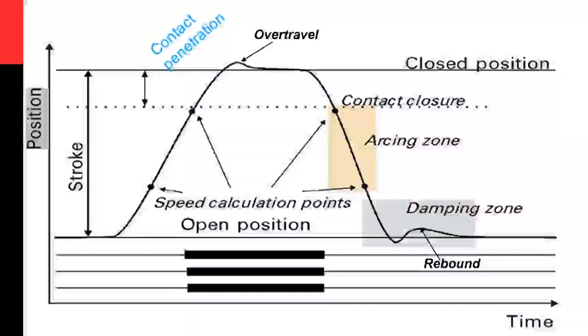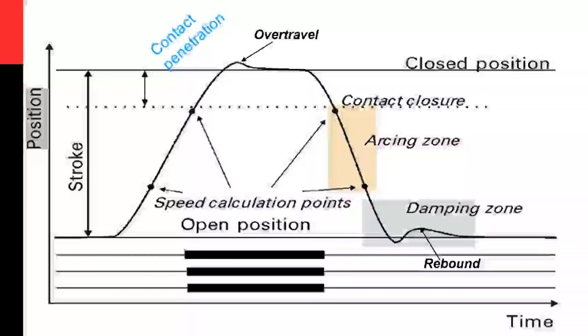And then you'll see a few other things, like on the top here, you'll see over travel. So really, over travel is how far it goes past that resting closed position on the close. And so you'll measure from the resting closed position to how far past it goes, and that'll give you your over travel measurement. And you can also have an over travel on the opening as well.